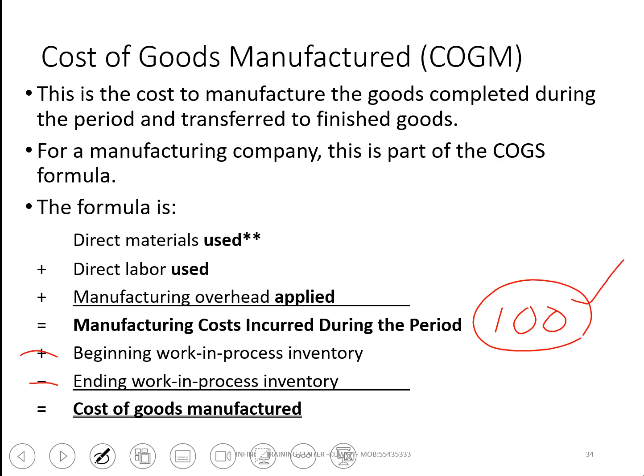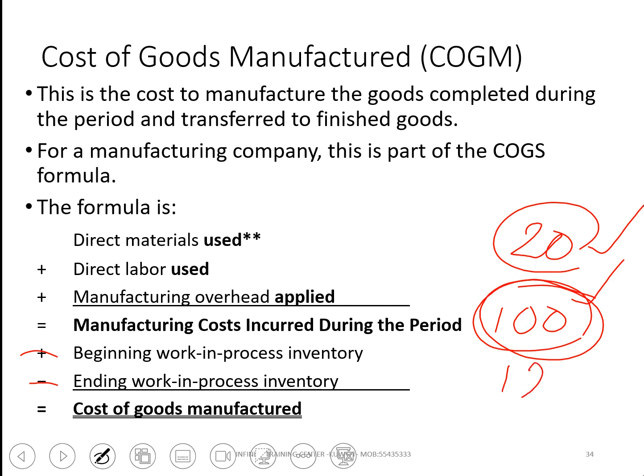This is the total cost incurred during the period, but when I start the year, there was say $20 in work in progress. When I'm opening my factory on January 1, there are 20 units, half completed or not fully completed, and there is some cost in it, right? So that cost you have to add to the current period total cost. If you add these two, you will get a total of 120.